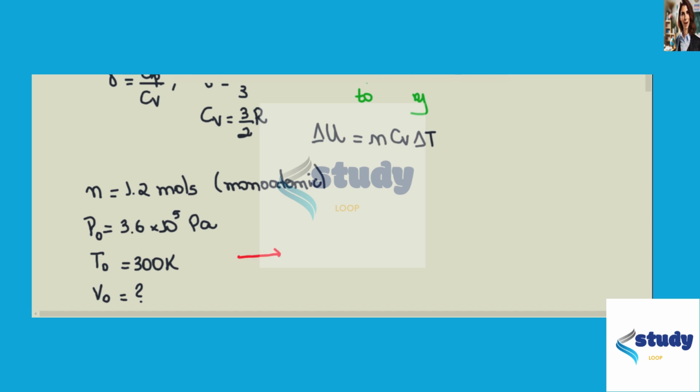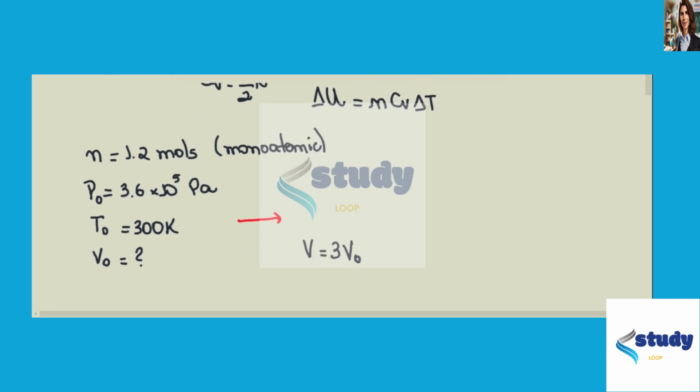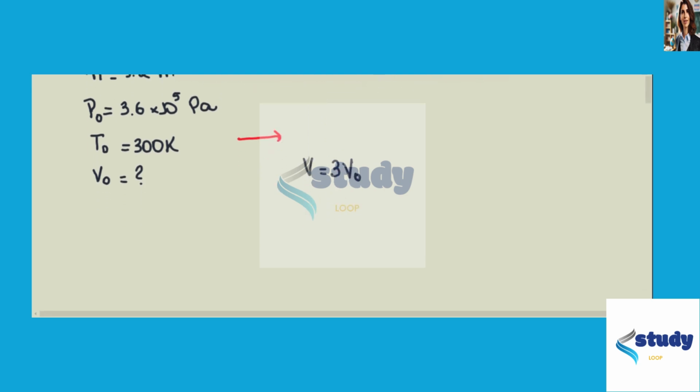This gas expands to a final volume that is 3 times the original volume, so the volume triples. And it can do so by various paths. We have to consider each one, and our goal is to calculate the work for each of these paths.